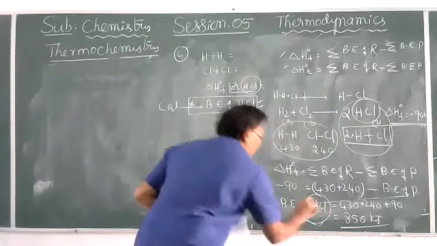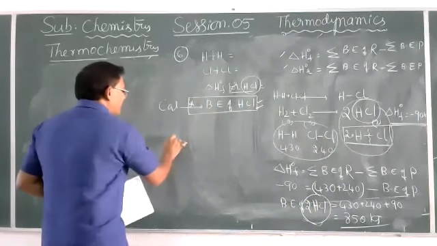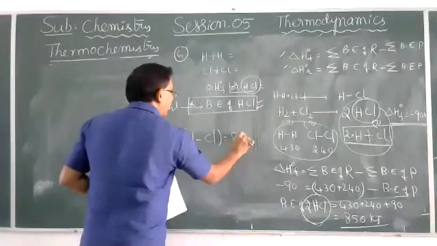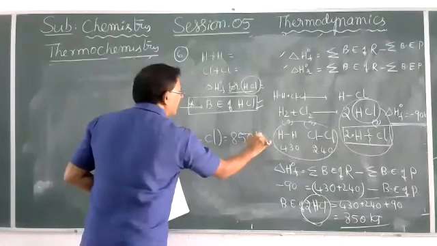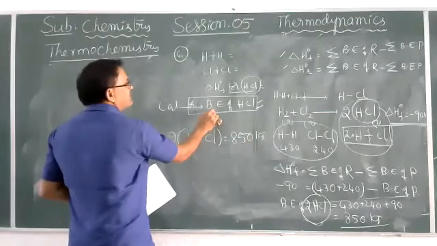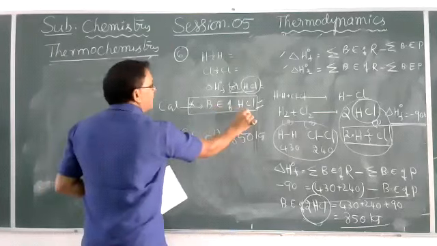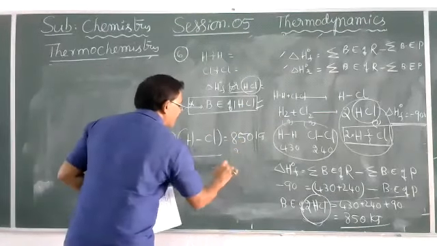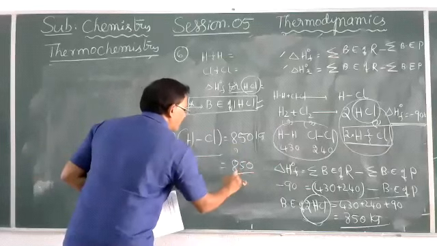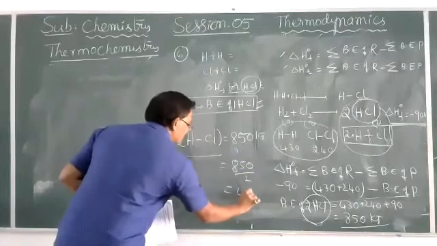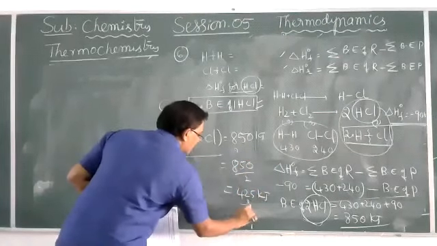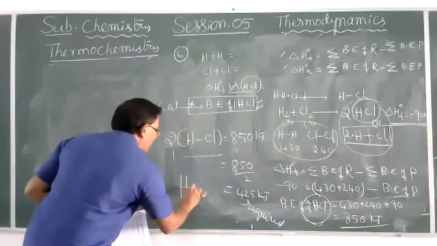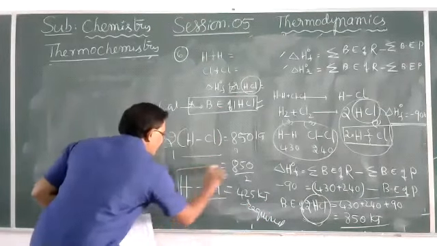That is for 2 HCl. So to break the bonds in 2 HCl, 850 kilojoules of energy is required. But the question asks for the bond energy of only 1 HCl. For 1, it is 850 divided by 2, that is 425 kilojoules. That amount of energy is required to break 1 hydrogen–chlorine bond.